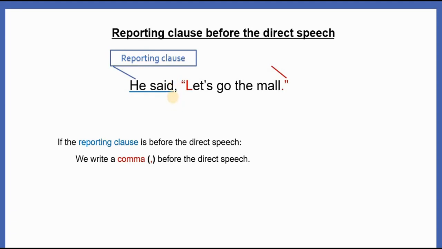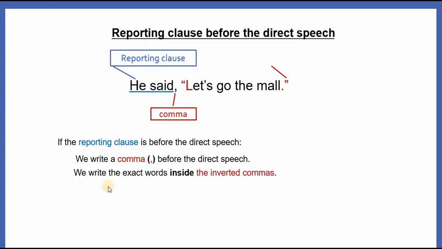So we must write this comma, and then we write the exact words inside the inverted commas. This little line above the words. Alright? So these are the opening inverted commas. These are the closing inverted commas.